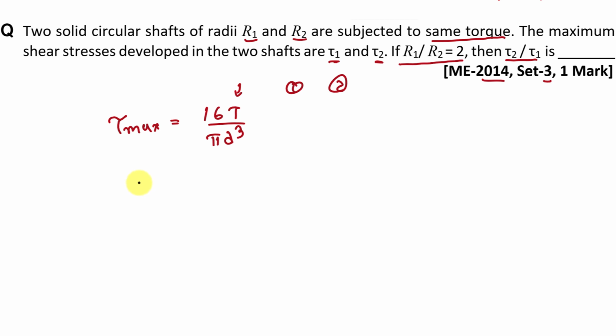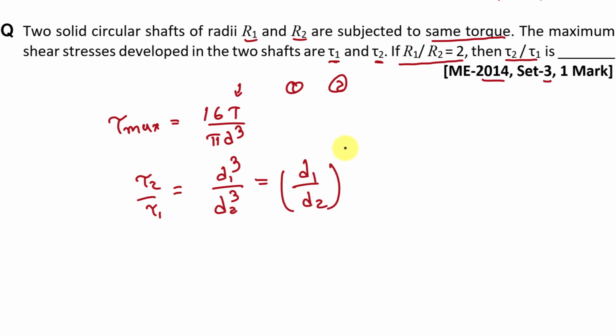Now if we take the ratio of tau 2 by tau 1, meaning the maximum shear stress in shaft 2 to the maximum shear stress in shaft 1, then it will be d1 raised to cube divided by d2 raised to cube, right? Because T is the same for both shafts, and 16 and pi cancel from numerator and denominator. So finally our answer will be d1 by d2 raised to 3.